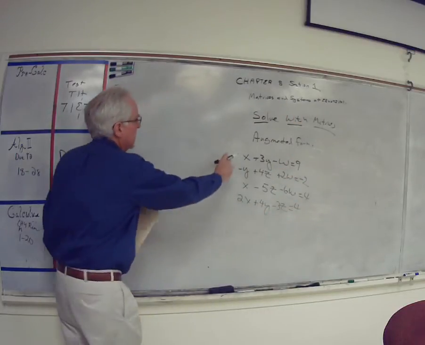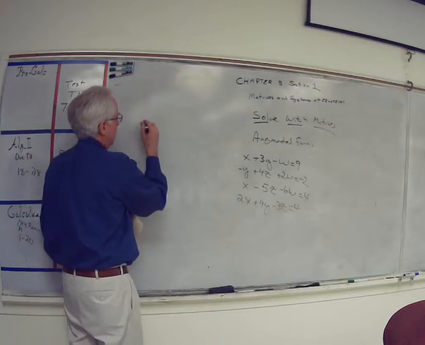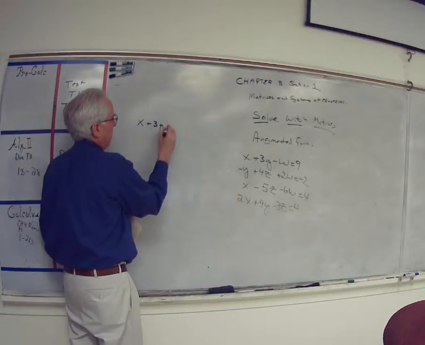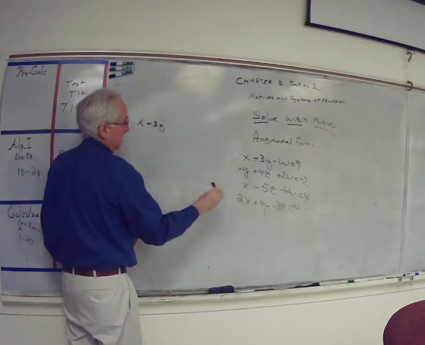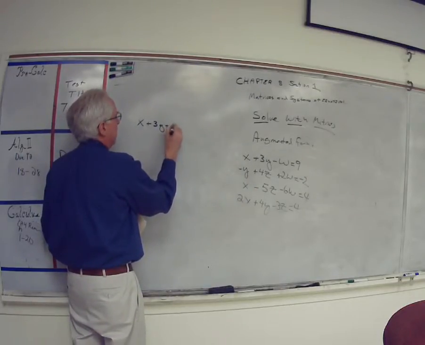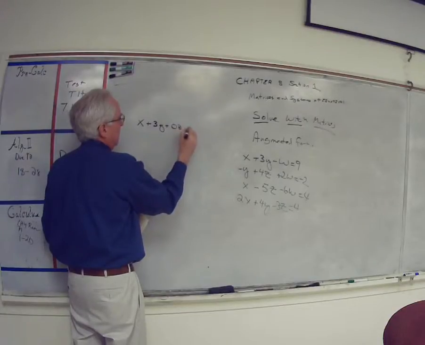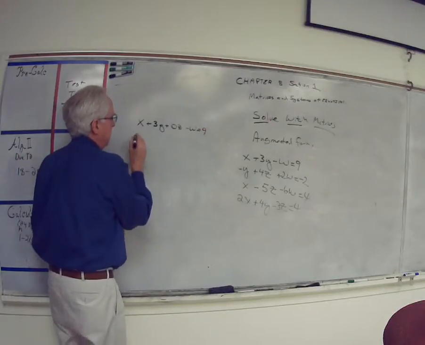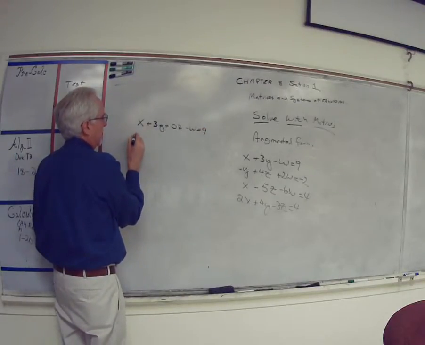So on this one, how would you rewrite this to include everything? X plus 3y plus 0z minus w equals 9. Okay, Catherine, you do the next one.